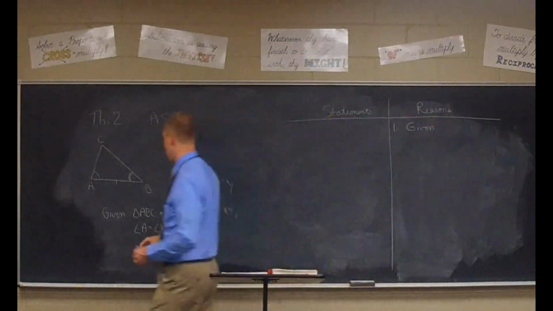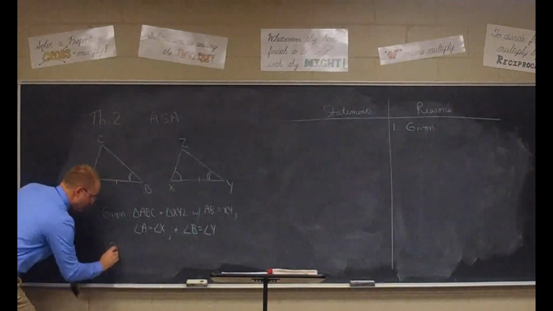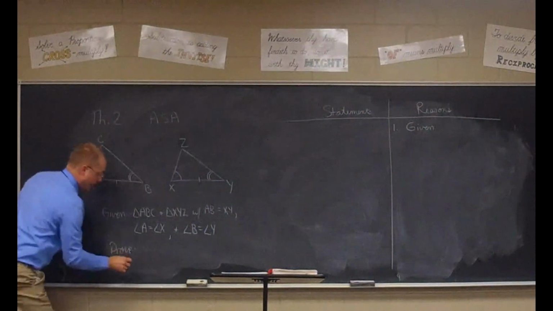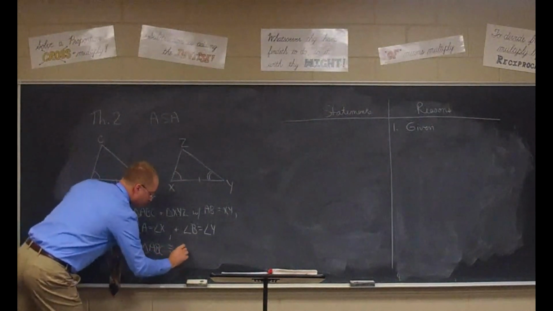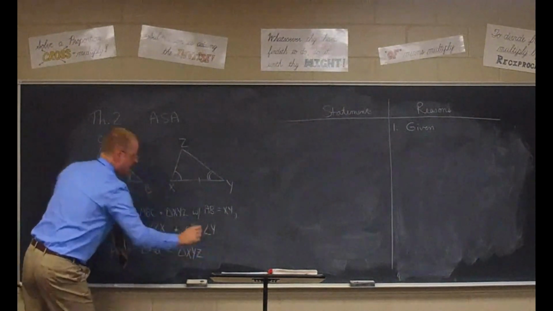We want to prove that given just this much information, triangle ABC has to be congruent to triangle XYZ.